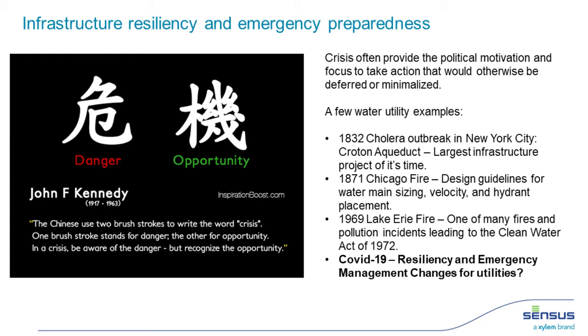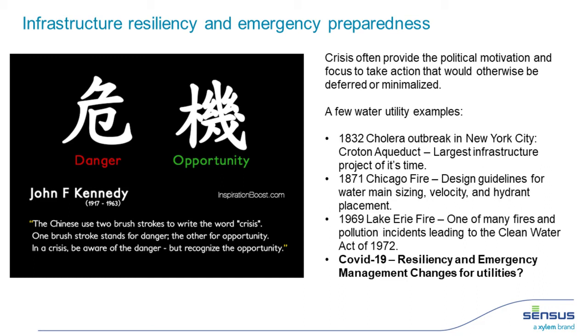But a few examples of water utility crises go way back to 1832, which was a cholera outbreak. That was the largest infrastructure project of the time. The Chicago fire led to design guidelines for water main sizing.